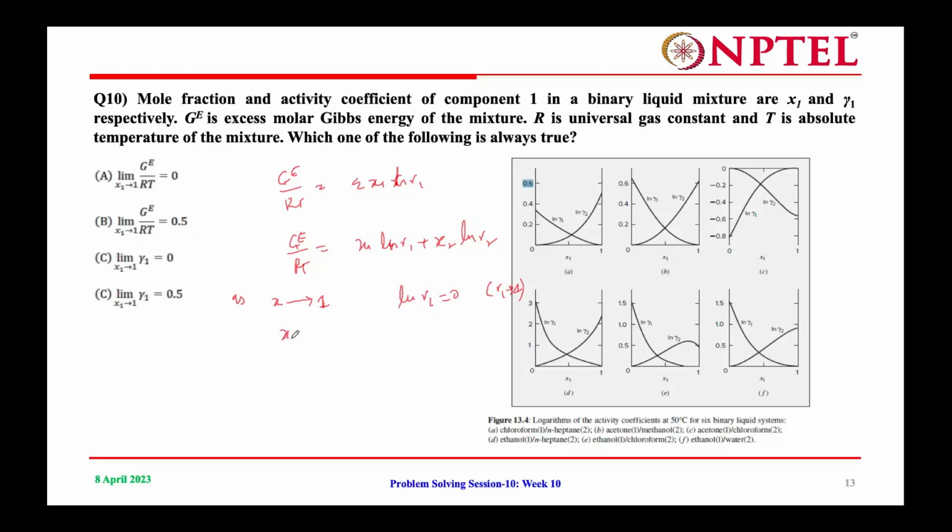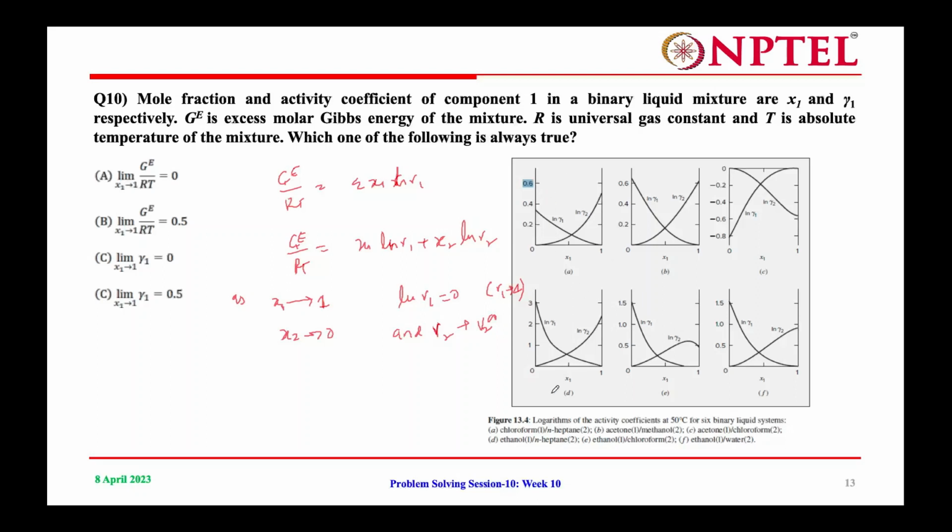And x2 tends to 0, so gamma 2 tends to infinity, right? Infinite dilution value.